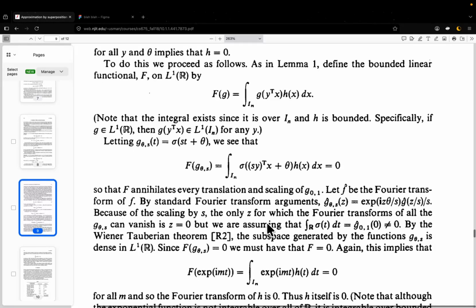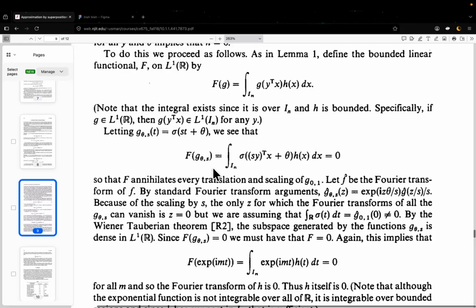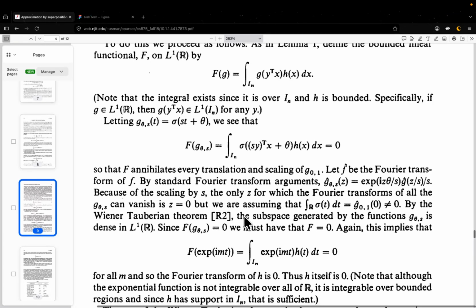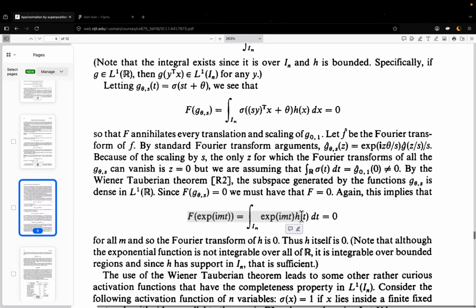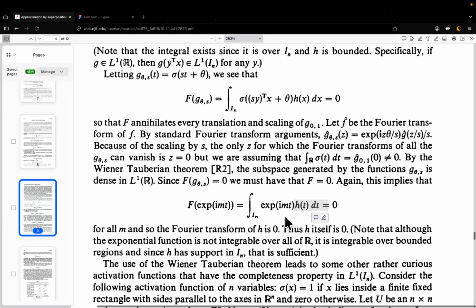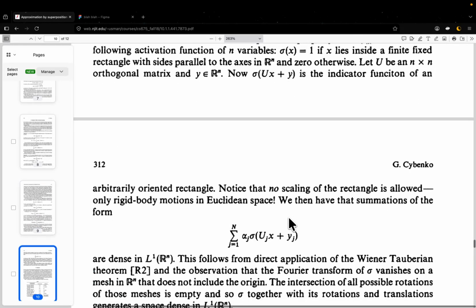But if the linear functional is 0, we can use an exponent, and this exponent is always non-zero. And if the exponent is non-zero, then h is 0. So there is a contradiction, so that's it.